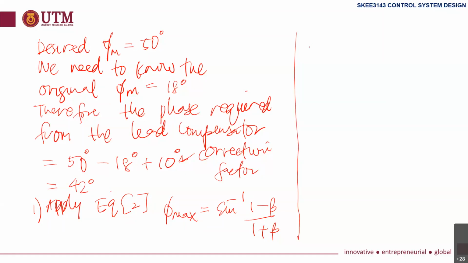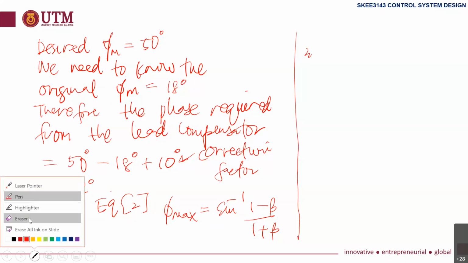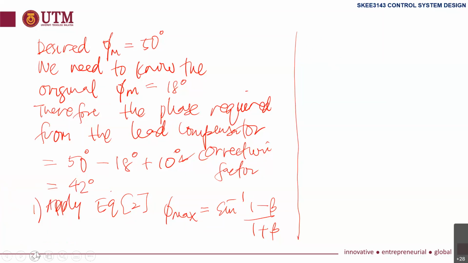So sine inverse of (1 minus beta) over (1 plus beta) equal to 42 degrees. (1 minus beta) over (1 plus beta) equal to sine 42 degrees.